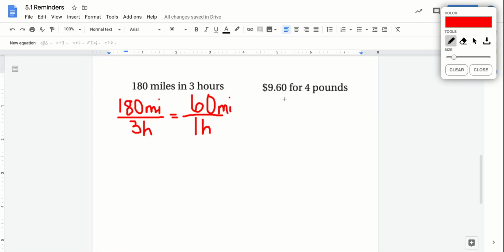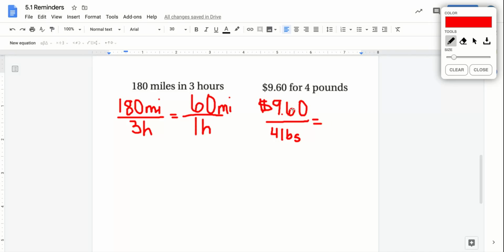Okay, same thing over here. If I'm paying $9.60 for 4 pounds of something, I want to figure out how much I'm paying for 1 pound of that. So $9.60 for 4 LBS, that's the label, that's the abbreviation. I would divide, right?